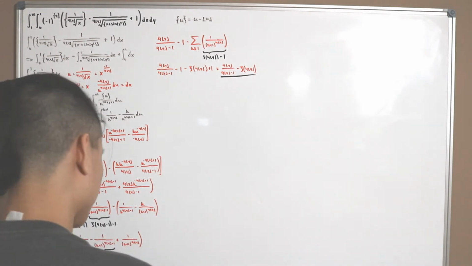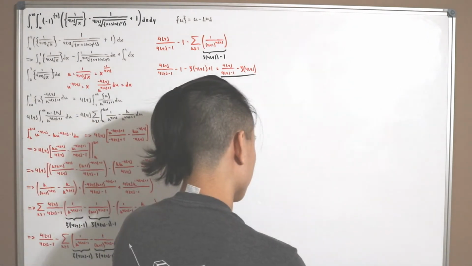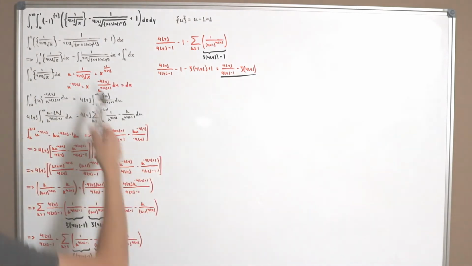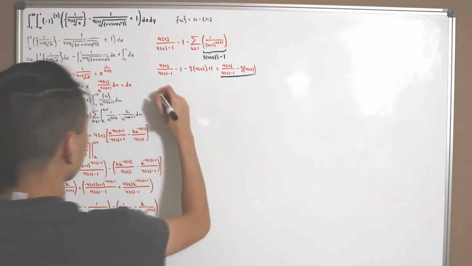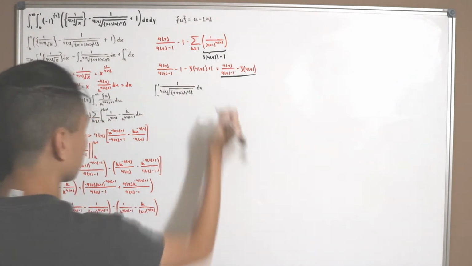So now we have to calculate our second integral, specifically this one, the integral from 0 to 1 of 1 divided by the 4 times floor of y root of the fractional of x plus sine of y squared. Okay, so let's focus on this.